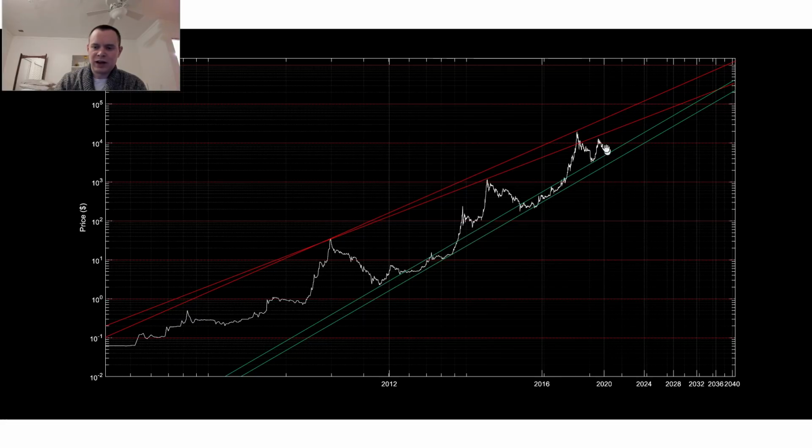Now, note that because this is continuing to move up, if we were to drop to this, let's say we were to immediately drop over the next, say, year. Suppose a bearish scenario in which the price were to drop.